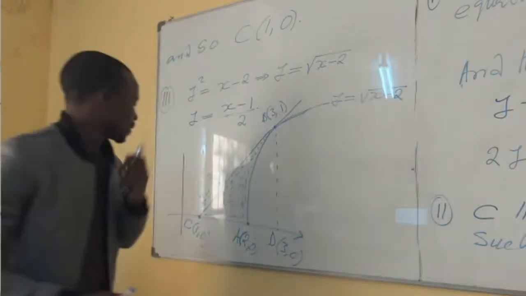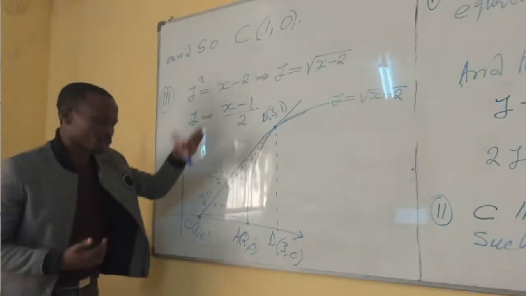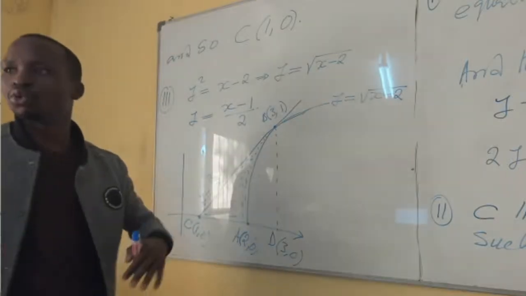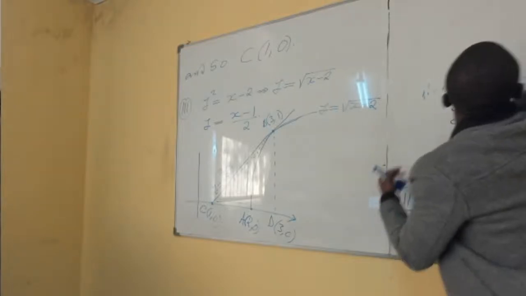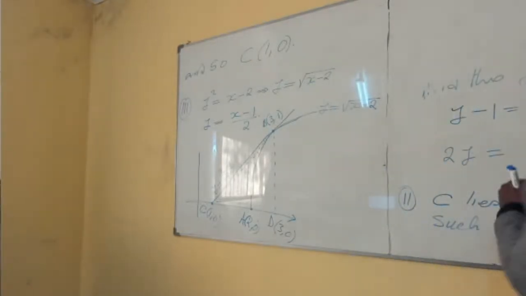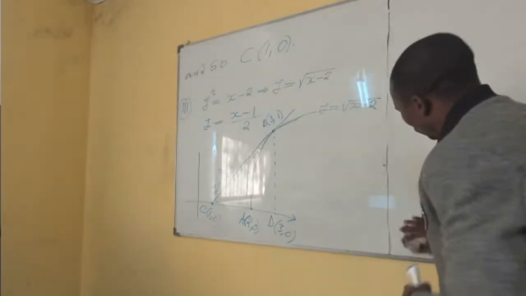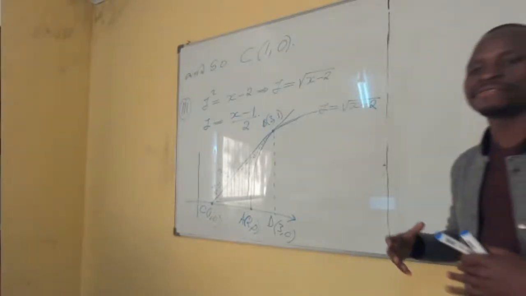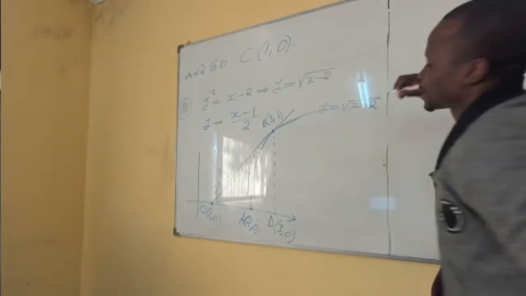Now we want to find the volume of rotation of this region. What you're supposed to do is separate these two. First, you compute the volume of revolution produced by the curve AB. Then you compute the volume of revolution produced by the straight line.